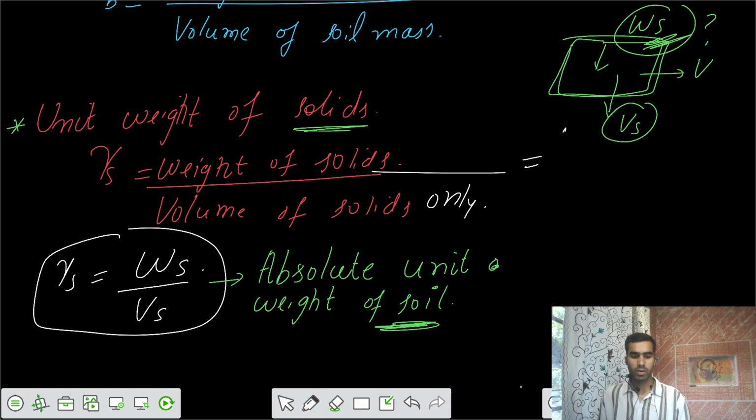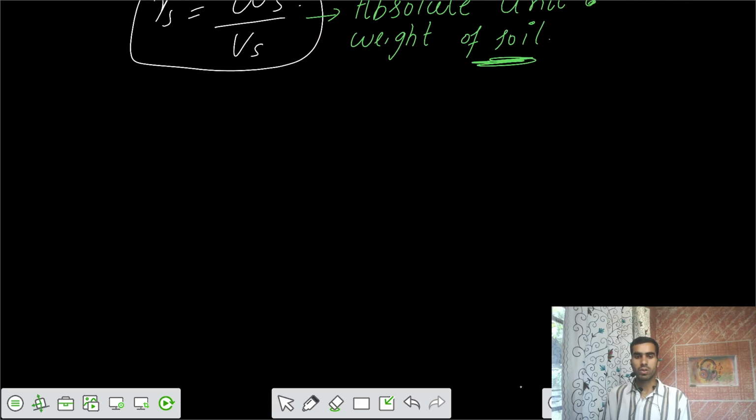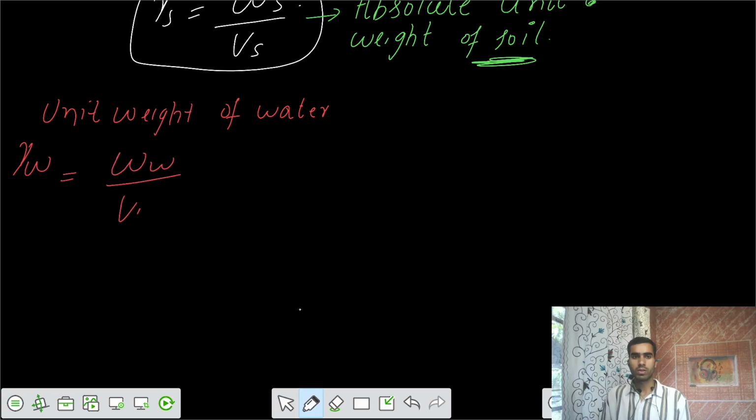After that, we can talk about water also. You might be knowing the unit weight of water. It is the weight of water divided by the volume of water. Let's take a particular volume of water in a container, and ask what is the total weight of the water and what is the volume occupied by it.